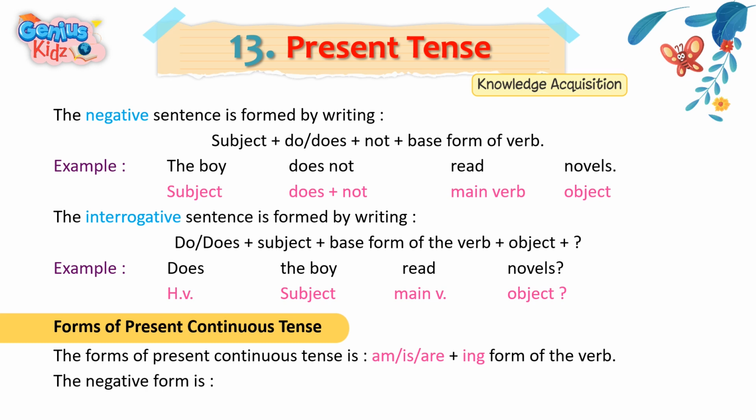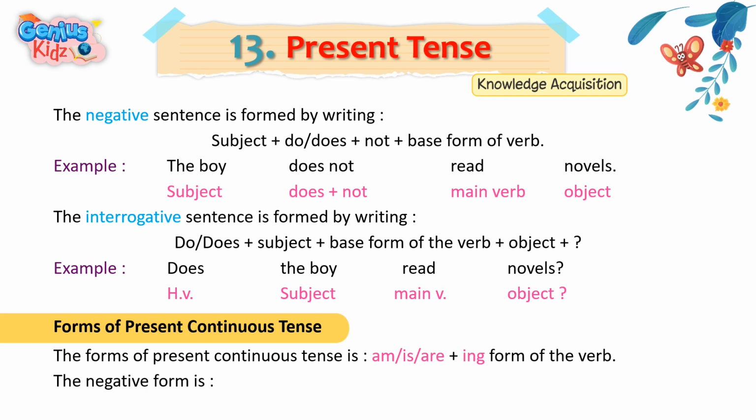The interrogative sentence is formed by writing do, does plus subject plus base form of the verb plus object. Example: Does the boy read novels? Helping verb, subject, main verb, object.